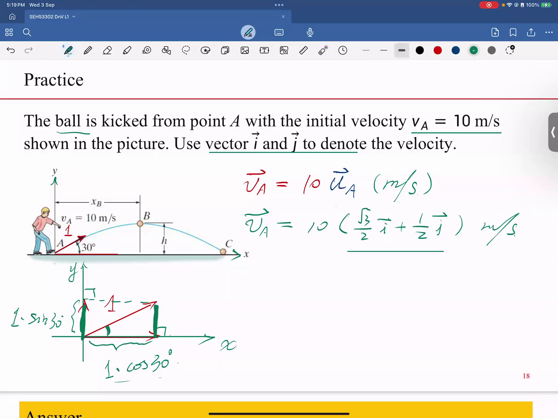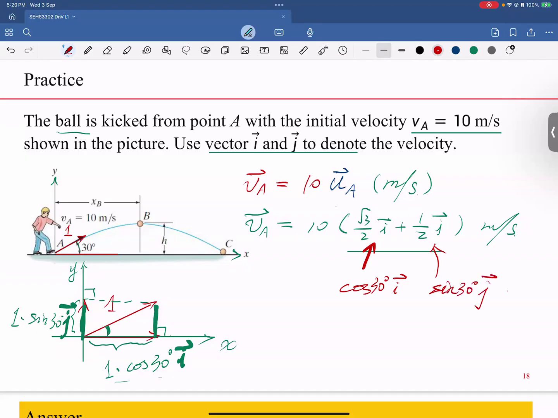So finally, we have 1 times cosine 30 i plus 1 times sine 30 j, both positive. Therefore, when you use a calculator, this one is cosine 30 i. This one is sine 30 j.